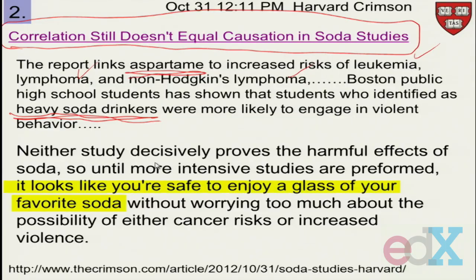Now, this reporter said correlation still doesn't equal causation, which is quite right. But then she goes one step further, and this is where it's wrong. It says, neither study decisively proves, etc., etc., etc. It looks like you're safe to enjoy a glass of your favorite soda.